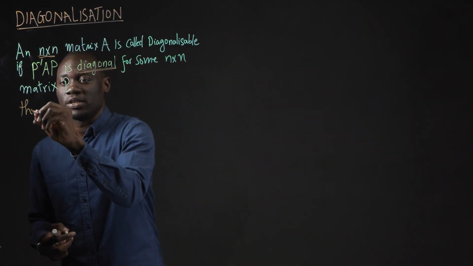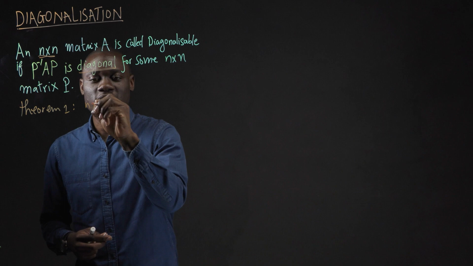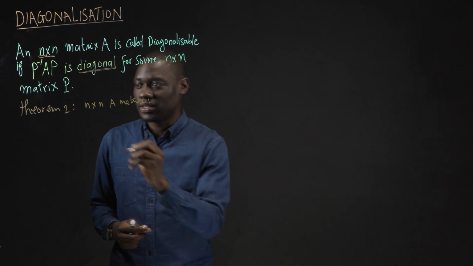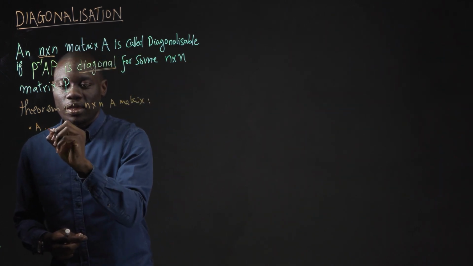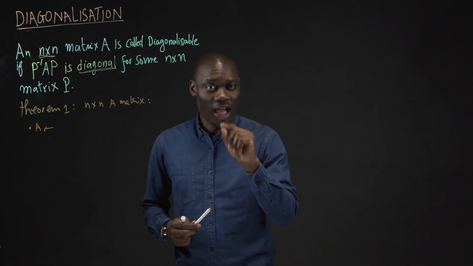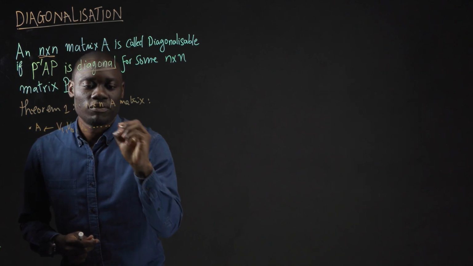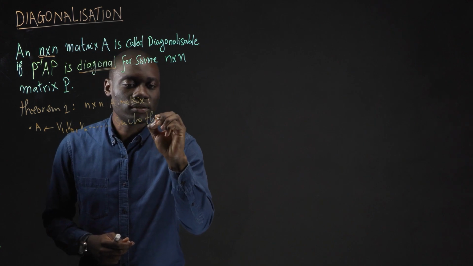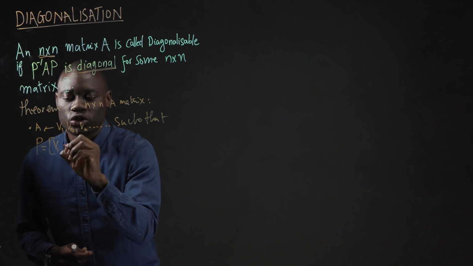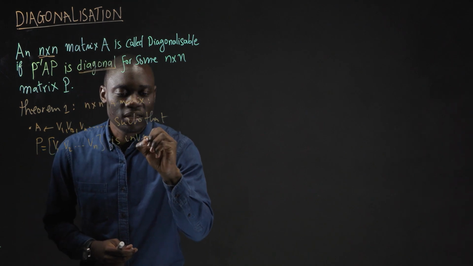Theorem 1 says that if you consider an n times n matrix A, A is diagonalizable if and only if it has eigenvectors v1, v2, ..., vn such that matrix P equals [v1, v2, ..., vn] is invertible.